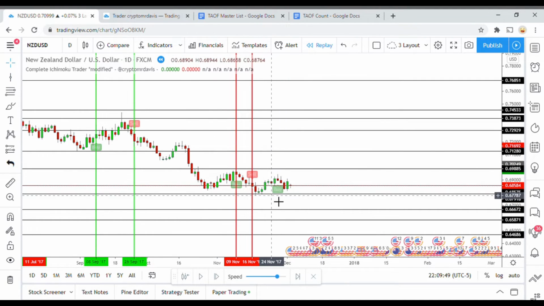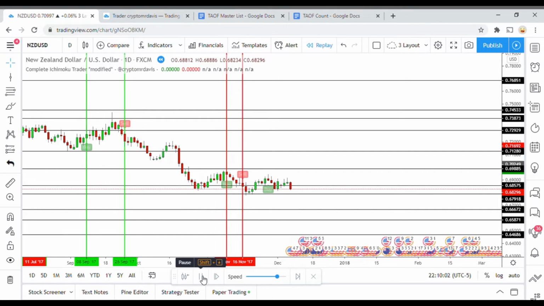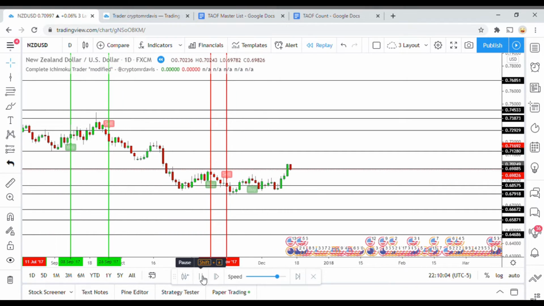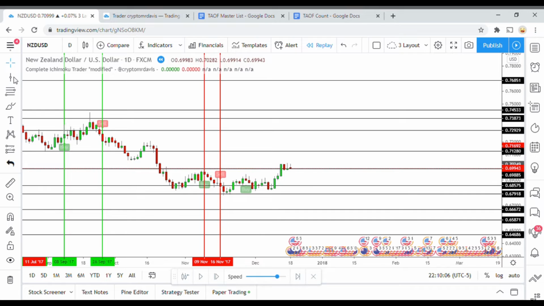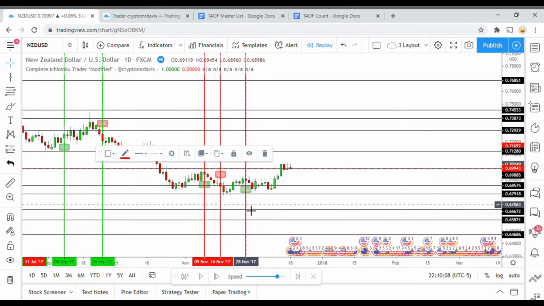Looks like we just ran into a losing streak here on the Ichimoku. Rather odd. Not too bad. Only 2 losses.